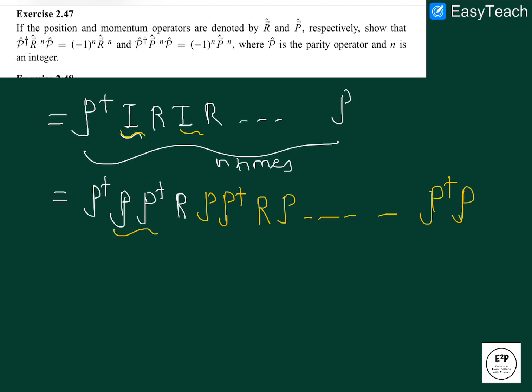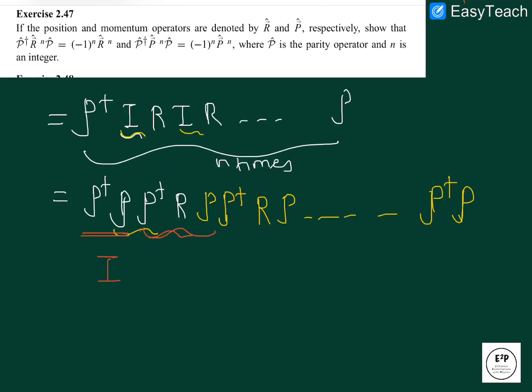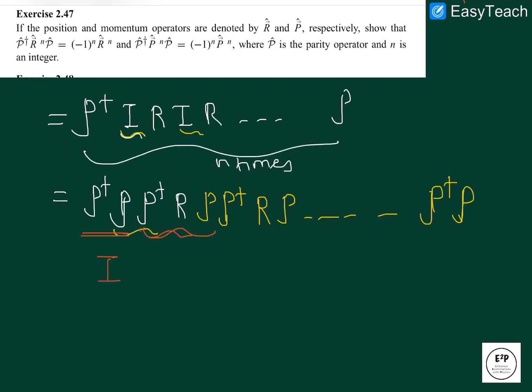Now we get this as identity, but from the previous page this is nothing but minus r. This is also minus r, and this one is also minus r.